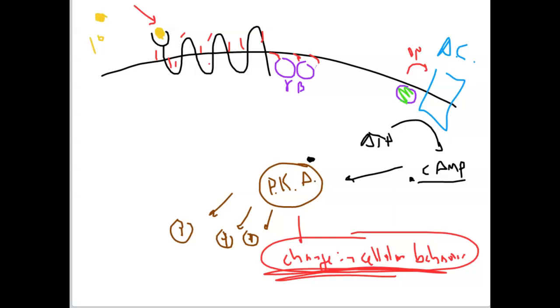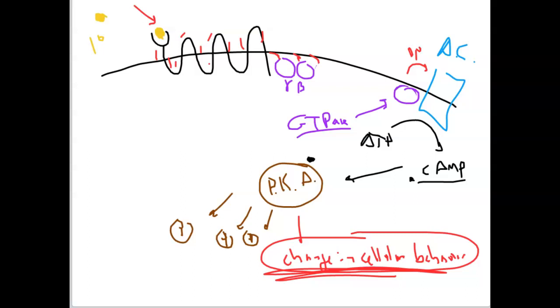Now, what we also have to appreciate is that this alpha subunit of the G protein is also a GTPase. And we've heard about GTPases before when we talked about tubulin. That means it can cleave the GTP that it's holding on to and cleave it to GDP. When it does that, this alpha subunit is now bound to GDP.